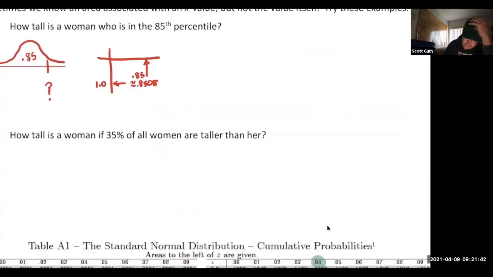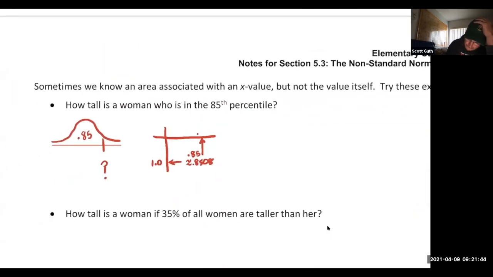Yeah, so 1.04. And again, these are z-scores, so you're not done yet. I can put this as a z number line and 1.04 there. So that's to the nearest hundredth anyway. That's the 85th percentile. Okay, any questions?